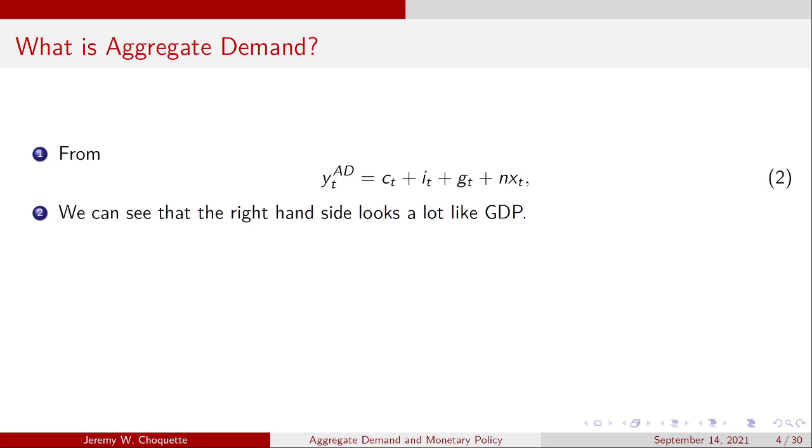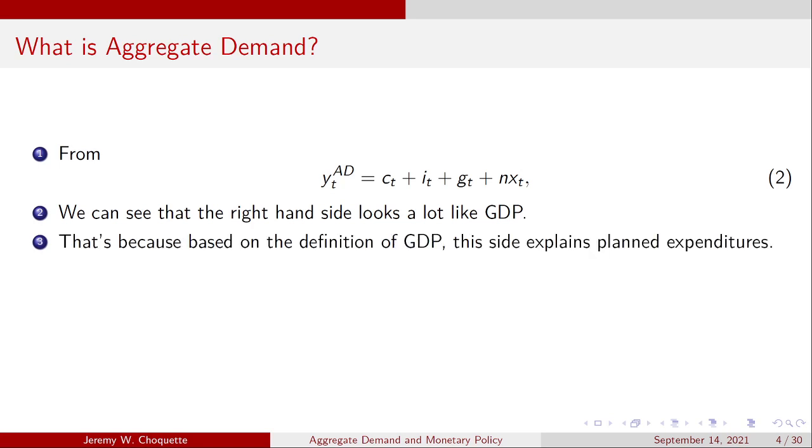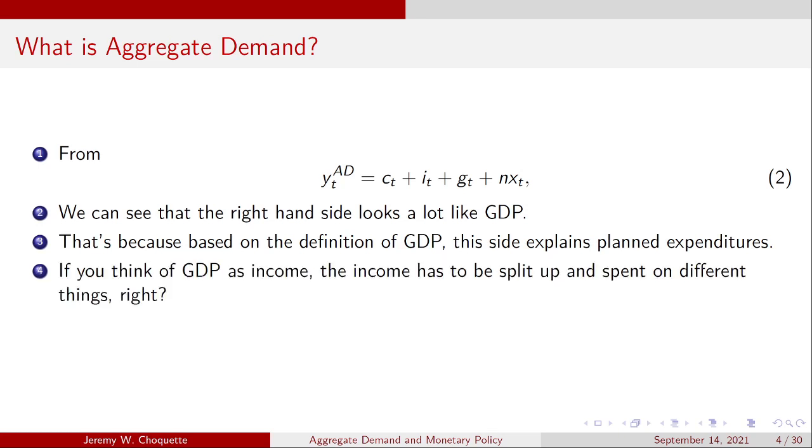So we can see that this looks like GDP, and that's because based on the definition of GDP, this side explains planned expenditures. So if you think of GDP as income, the income's got to be split up and spent on different things, right? Think of it as your house. Within the household, you're going to split your income up on these different things.